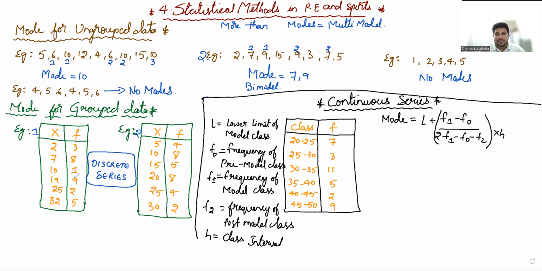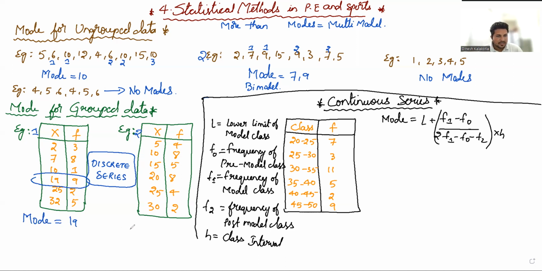More frequency means the score is repeating more times. So you take the score which repeats the most times. So the mode of the given grouped data, which is a discrete series, is 19. Very simple, right? It is very easy compared to even ungrouped data.